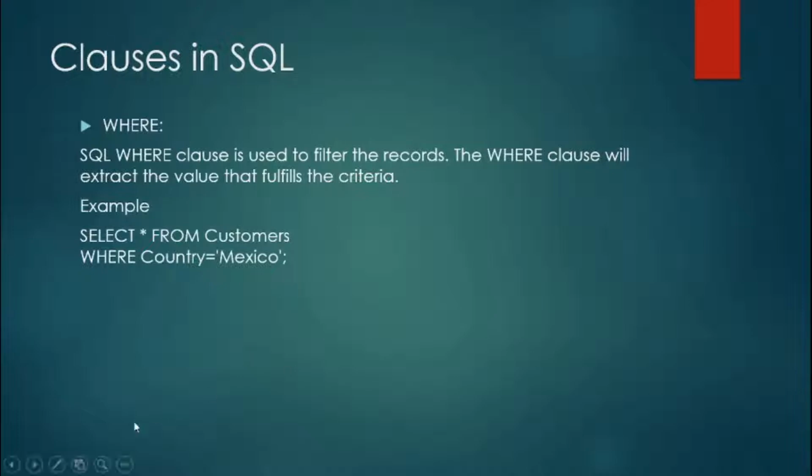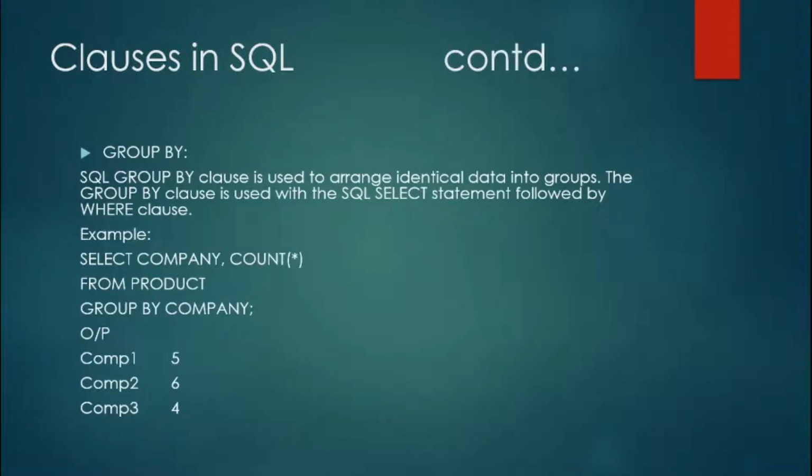For example, in this query, we are trying to fetch the rows from the customer table where the country is Mexico. So this query will fetch all the records from the customer table where the country is Mexico.